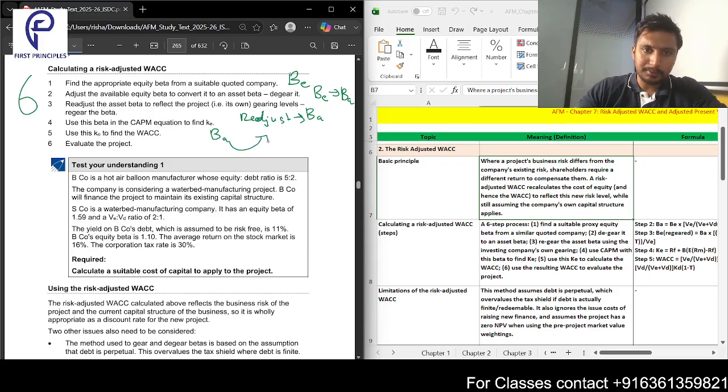We use this asset beta and convert it to equity beta again. How do we convert it? We take the capital structure that will result from the new project. If there are certain changes, we look into those changes and convert this asset beta again to equity beta. Once we have the equity beta, we use this equity beta in the CAPM.